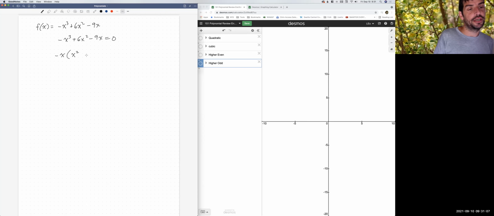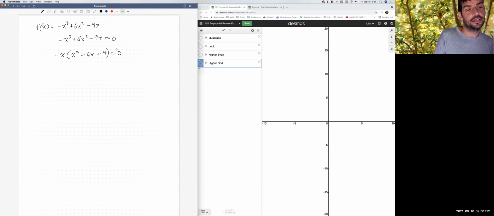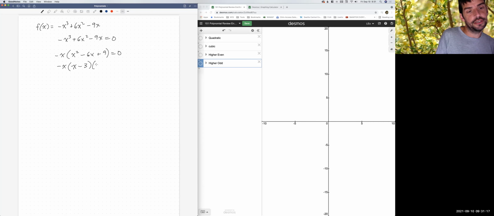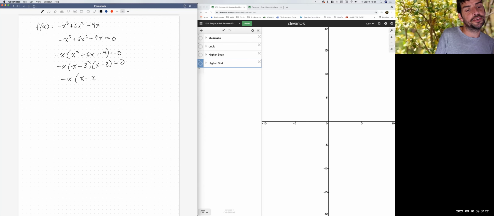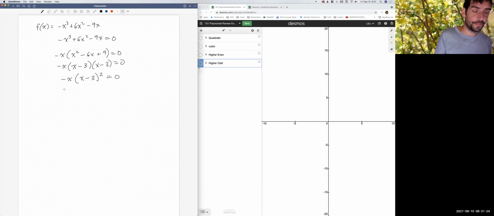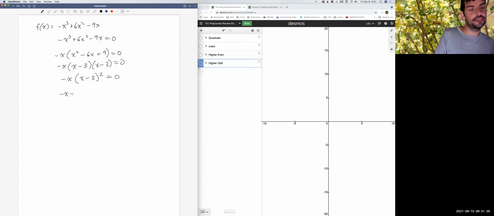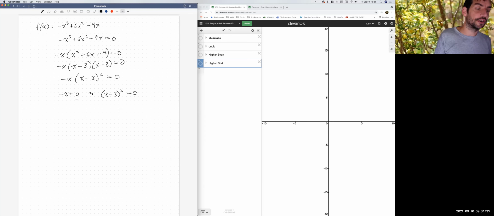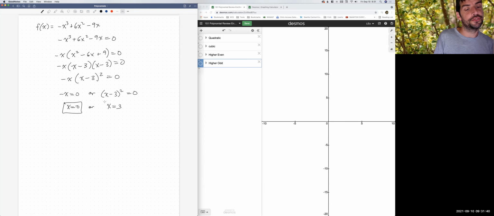It leaves me x squared minus 6x plus 9. Then I can factor this: x minus 3 times x minus 3, so negative x times x minus 3 squared equals 0. And this gives me two possible solutions, either negative x equals 0 or x minus 3 squared equals 0. All right, so this, of course, is solved if x equals 0. This is solved if x equals 3.